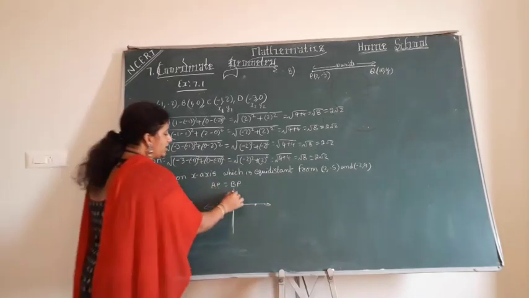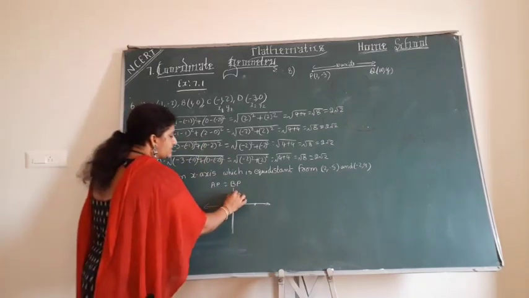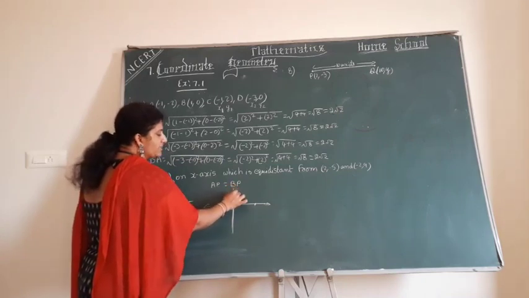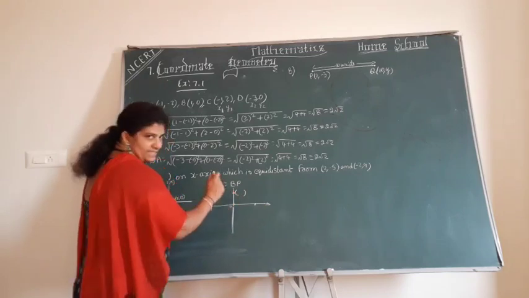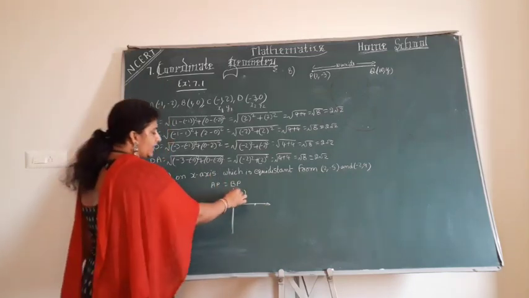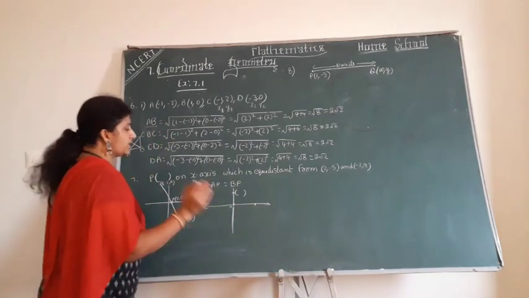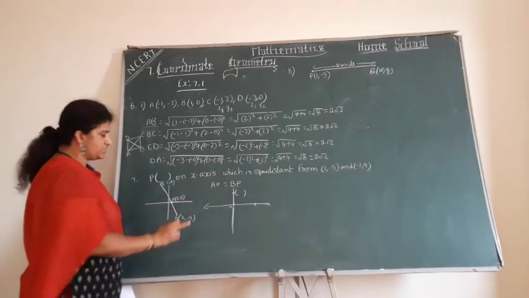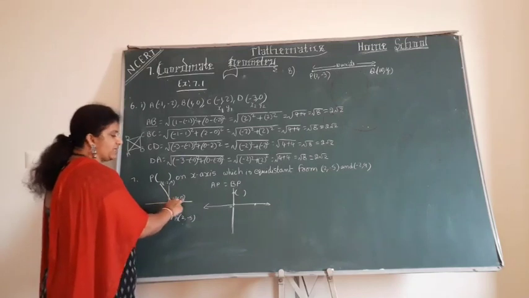Similarly, now tell me, what is the point on the y-axis? Look over here. Y is not 0, it might have some value. But what is your x here? 0. Shall I write 0 comma y or y comma 0? Just think for yourself. On the x-axis, the x coordinate will be first, so x will have some value and y is 0: x comma 0.